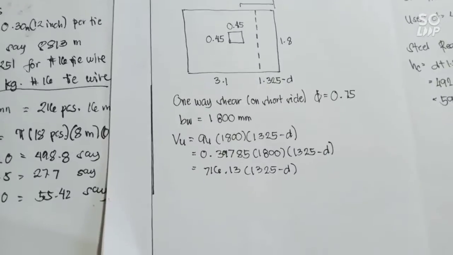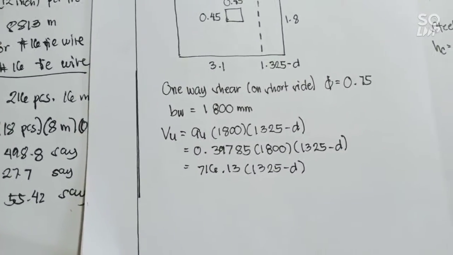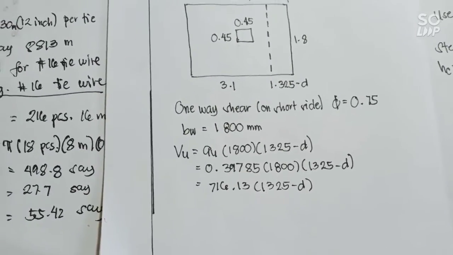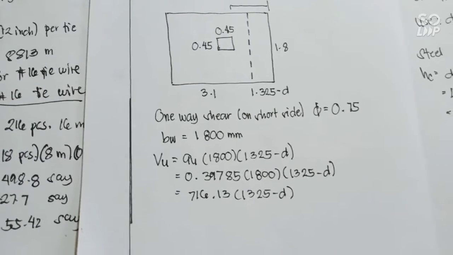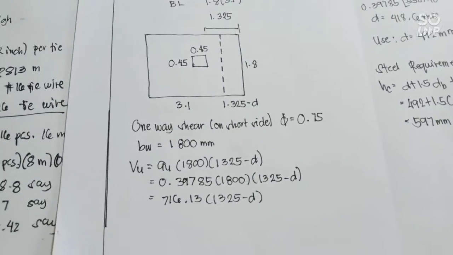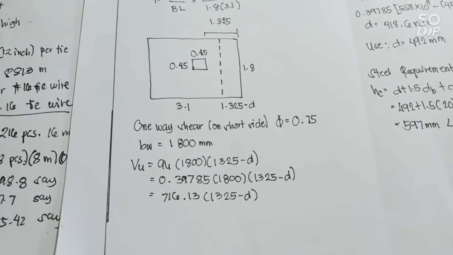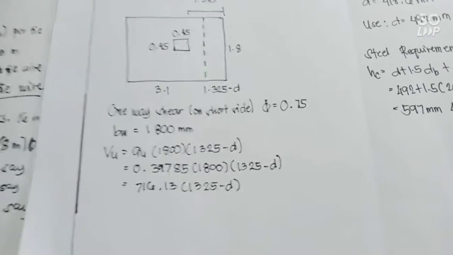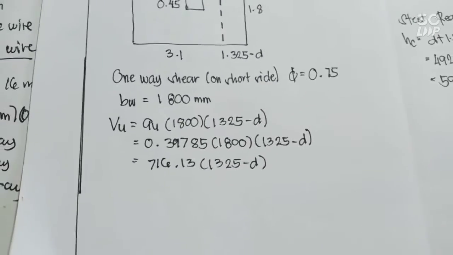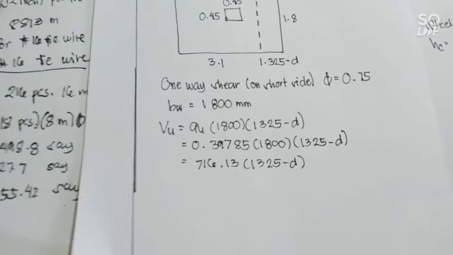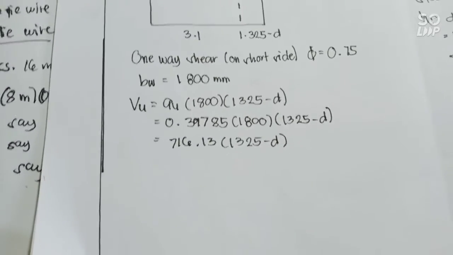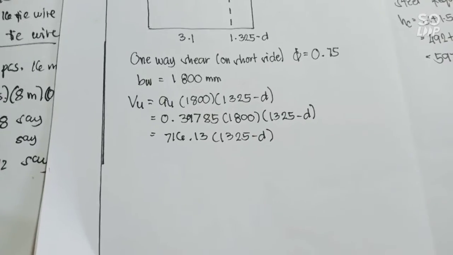So substitute, VU is equal to the ultimate soil bearing stress, or QU, which is 0.39785 from the previous solution, times the width, which is 1800, times 1325 minus d. So our factored shear force is 716.13 times 1325 minus d.